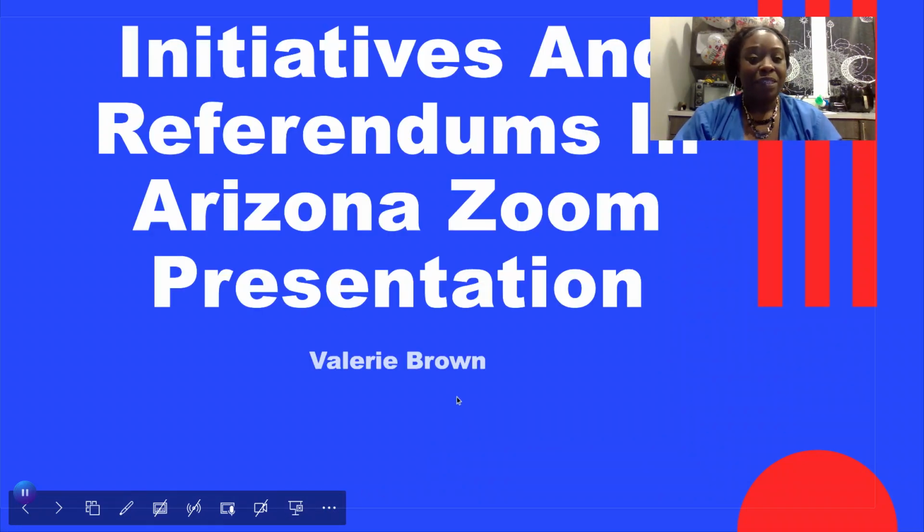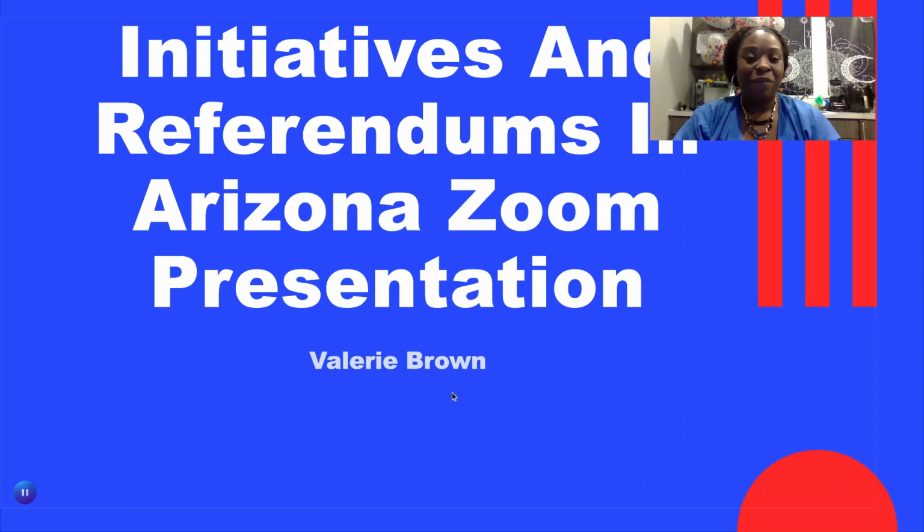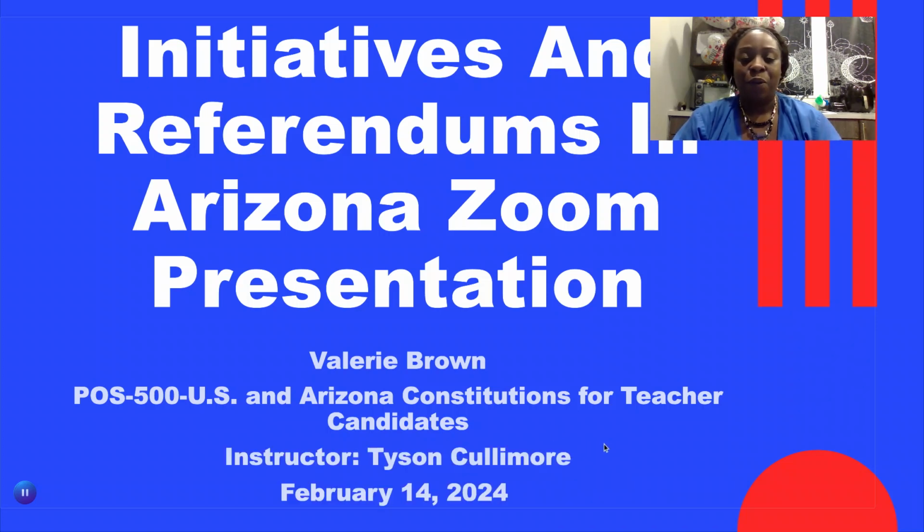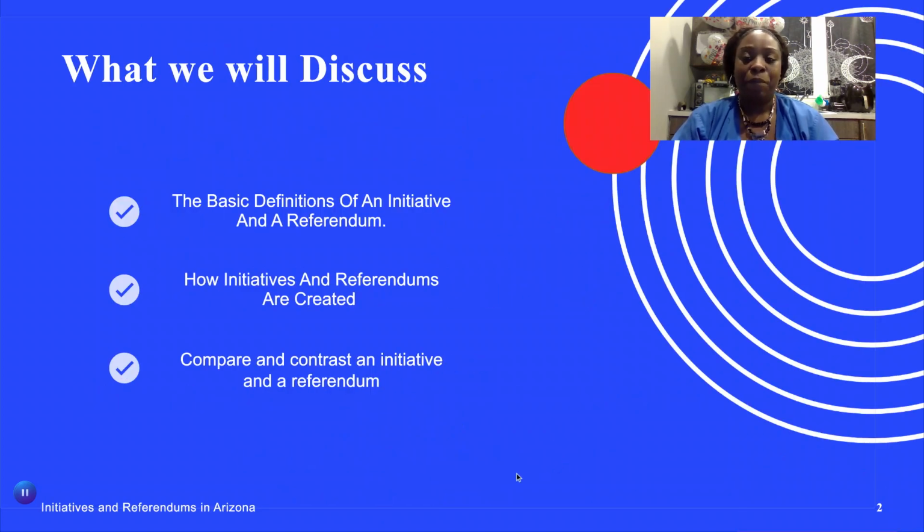Today, I would like to present you with my 5 to 7 minute presentation on initiatives and referendums in reference to Arizona's Constitution. I come to you from the course of POS 500 US and Arizona Constitution for Teacher Candidates. Today, we will discuss the basic definition of initiatives and referendums, how they are created.